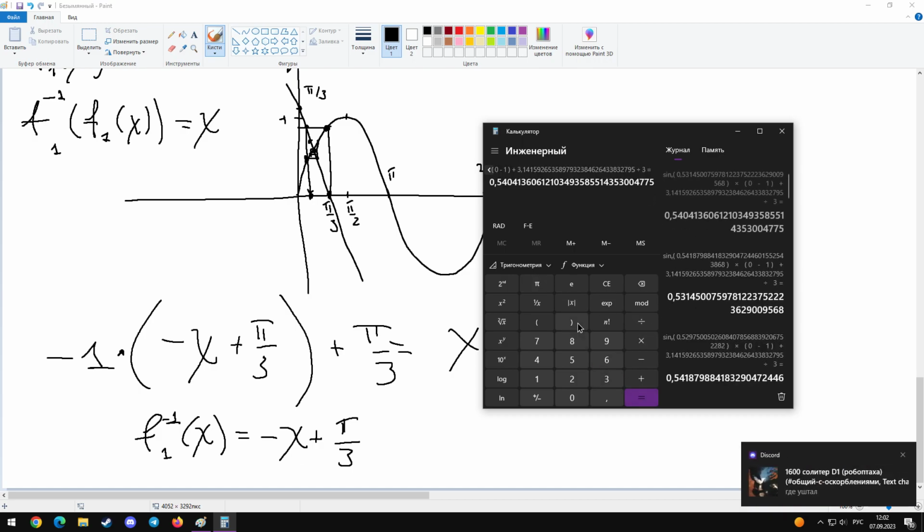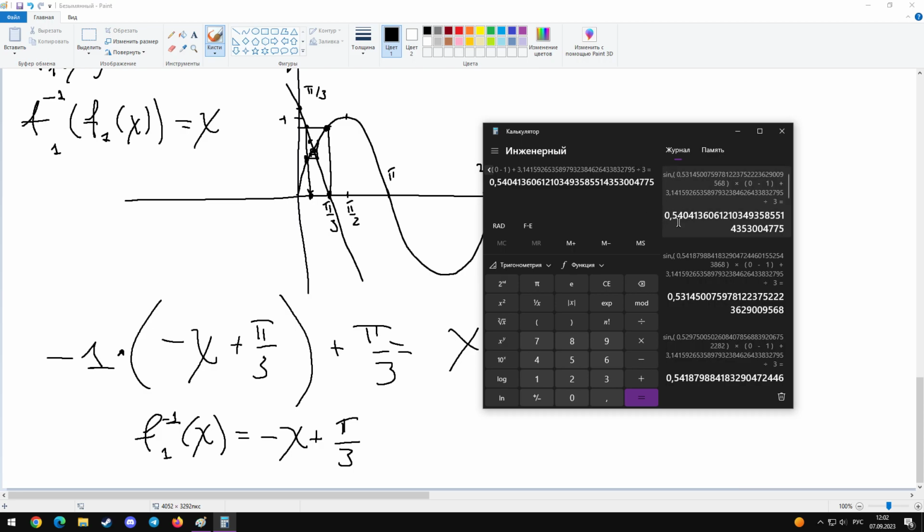Well, this method actually converges slowly, but I hope. Well, I have no hope left. So the answer is somewhere in between 0.53 and 0.54.